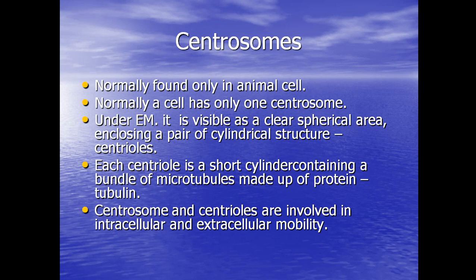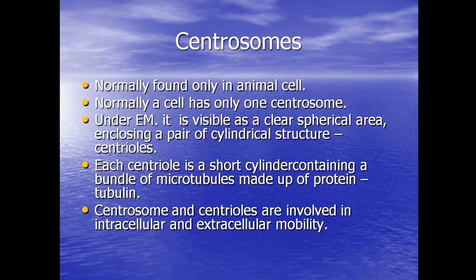These centrosomes are very important from the animal cell point of view, because they are not found in the plant cell. They are only found in the animal cell. Any animal cell has only one centrosome.